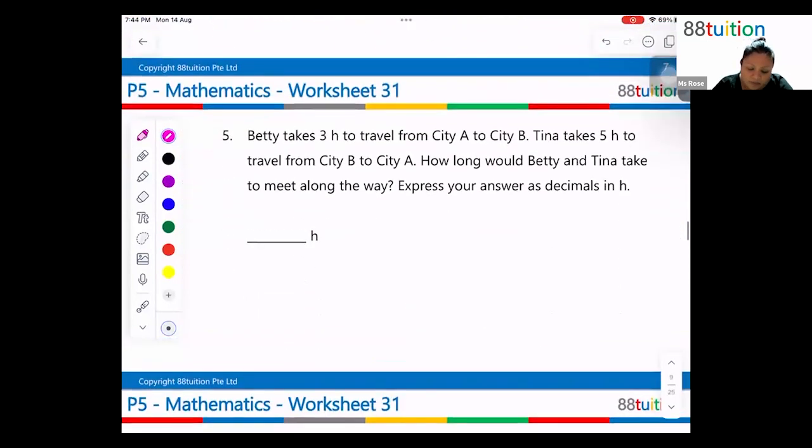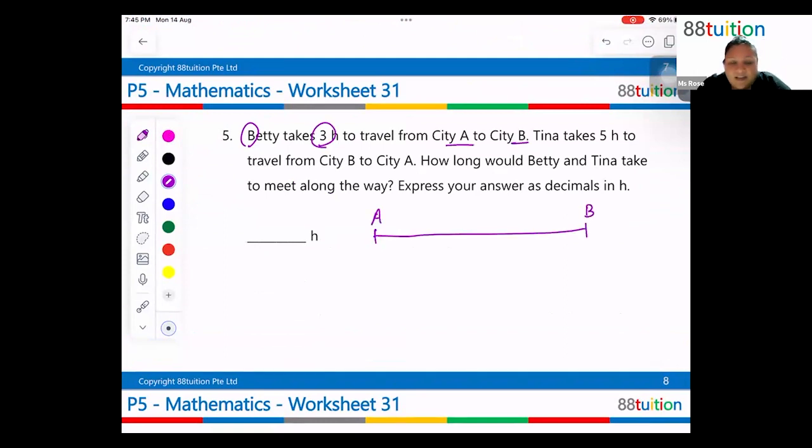Now, what do we have here? It says, Betty takes 3 hours to travel from A to B. So we have city A to city B. When I look at this question, it reminds me of speed, which is not wrong because speed is also rate, as it is distance traveled per unit time. It's the same, except that at P5, we haven't learned speed yet.